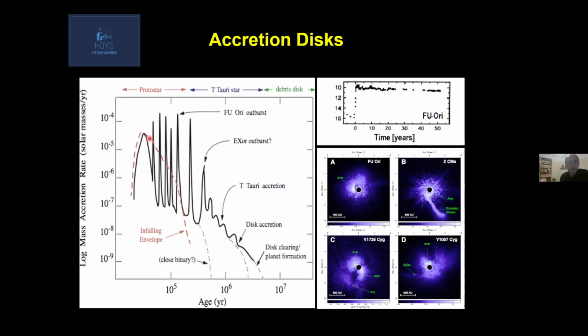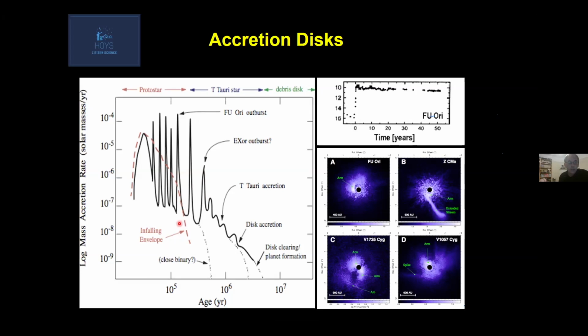But that is also not a nice and steady curve. Typically you get these bursts in accretion, where the accretion gets higher by almost, let's say, a factor of 100 sometimes, for a short amount of time, and then the accretion rate drops back to normal or to a low rate, and then you get another of these bursts. What you don't know is how many bursts you get and how strong they are. Is there a distribution of strength and so forth? That is one of the things we're trying to find out.